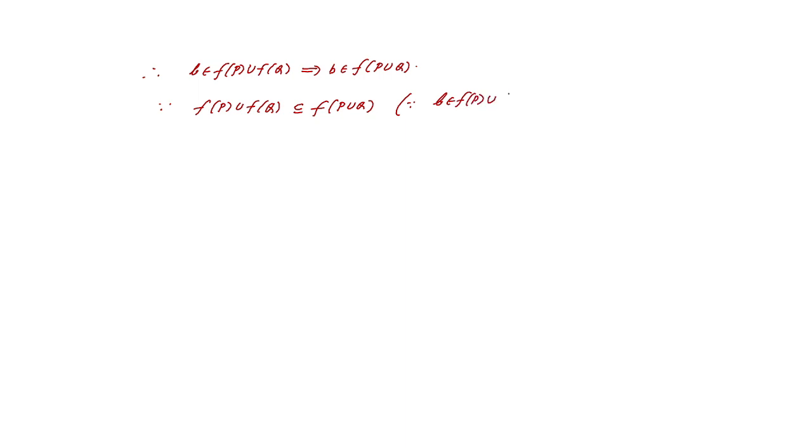So what we have shown here is that b belongs to f(P) union f(Q) implies b belongs to f(P union Q). Since b is arbitrary, f(P) union f(Q) is a subset of f(P union Q).